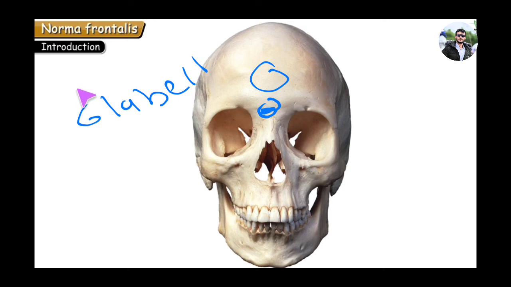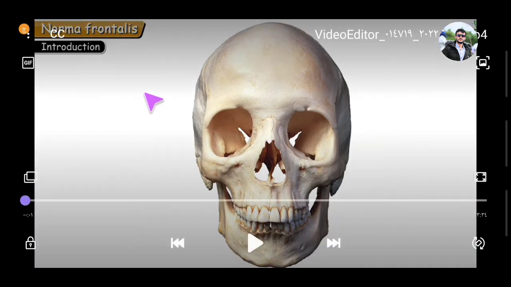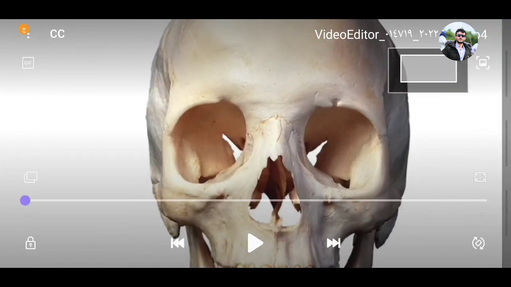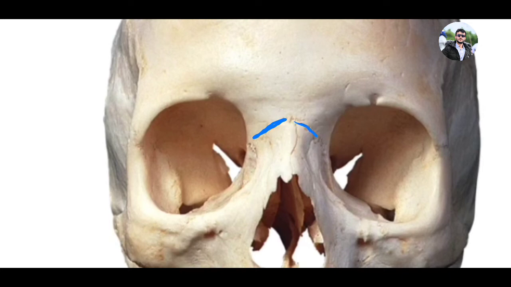Below it there is a point which is the meeting point of two sutures. If we focus here, this suture is the frontonasal suture, and this is the internasal suture.